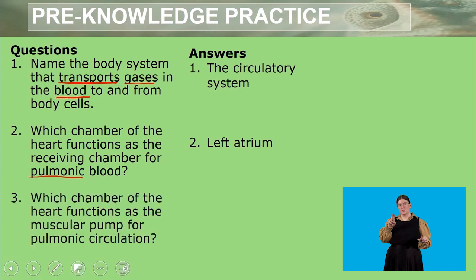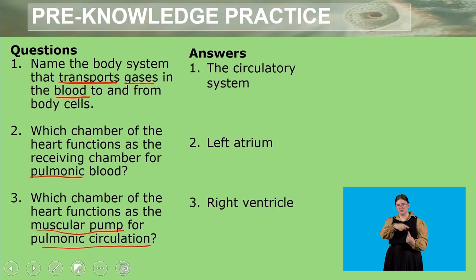Now, last question. Which chamber of the heart functions as the muscular pump for pulmonic circulation? Our answer there would be the right ventricle.